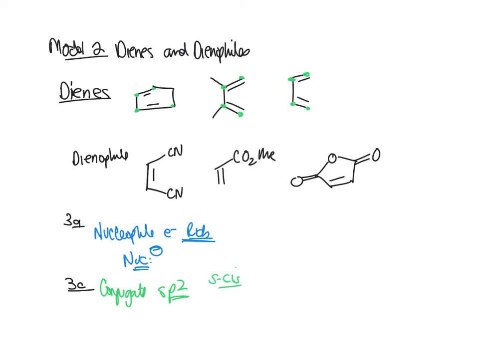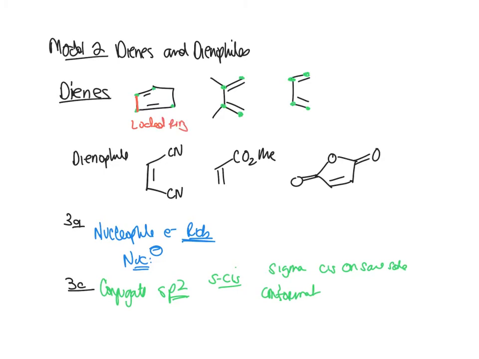S-cis. Now what does that mean? S is sigma, and cis means on the same side. So this is a conformation. Now around your sigma bond, the single bond here, you can get rotation. Now this is locked in because it's a ring.